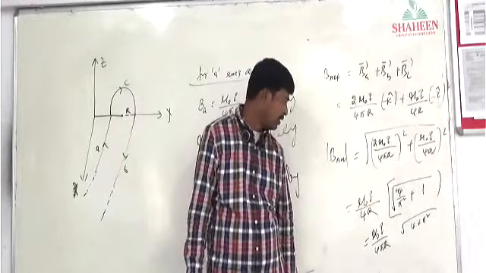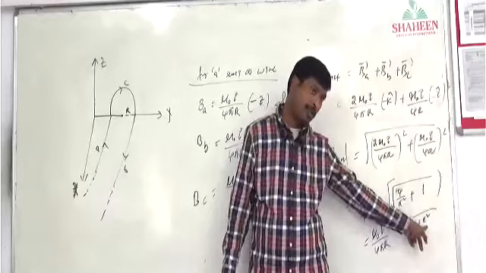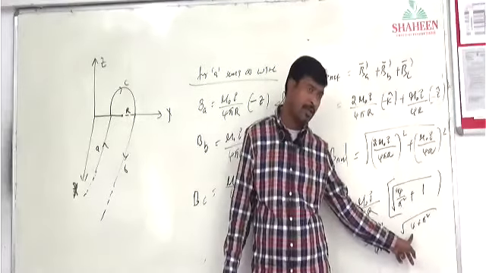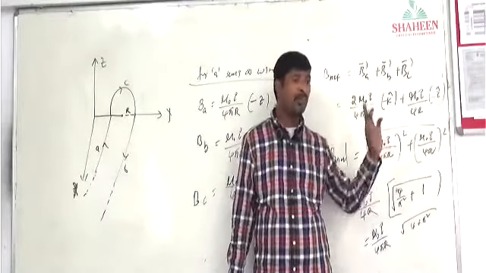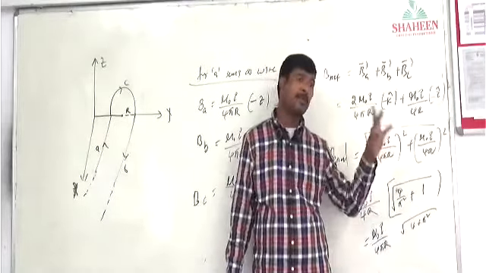How will it cancel? Pi square is there, this is 2 square. So can I write root over a square plus b square as a plus b? So you are saying that here 2 square we can write plus pi square is there. So 2 square root will be 2, pi square root will be pi.